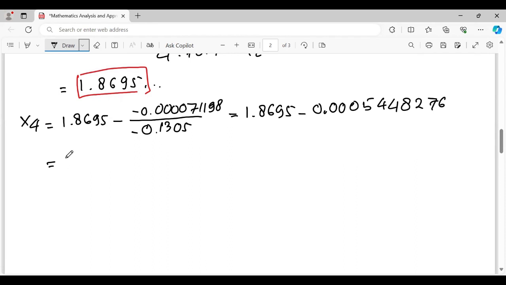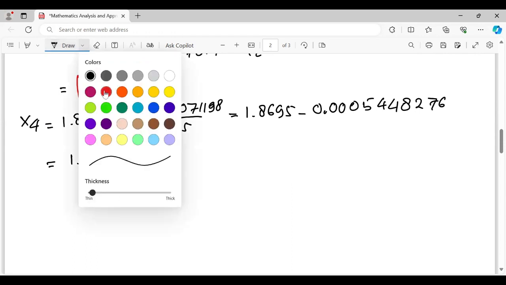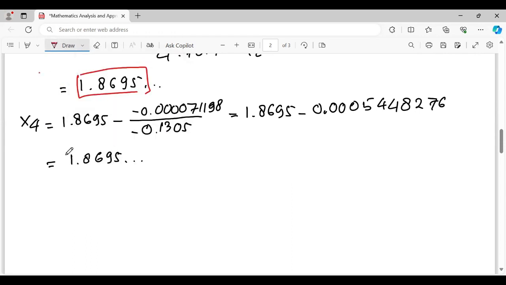So x4 becomes 1.8695 and so on. So the result is 1.8695. Look at this number and this number: x3 equals x4.